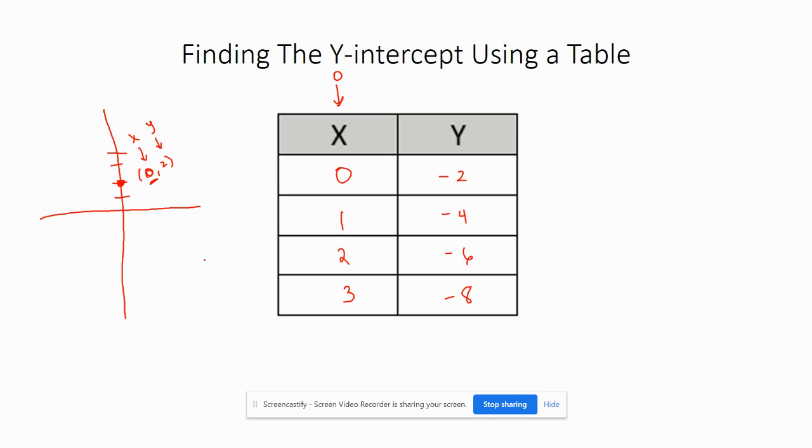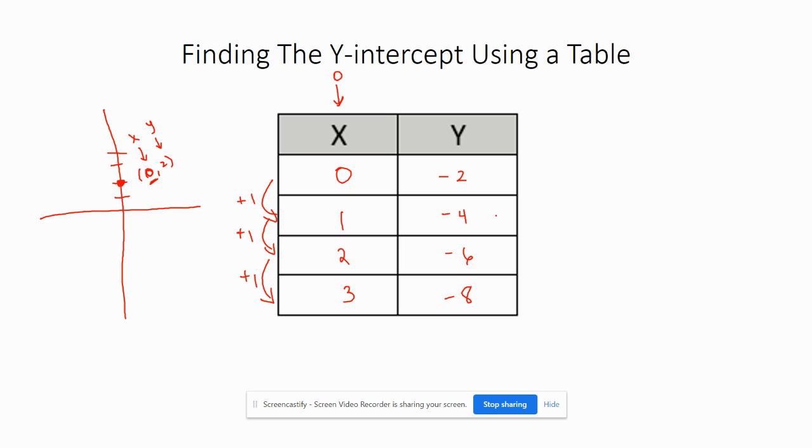This is a linear equation because each time I am counting by 1 on my x: +1, +1, +1. 0 plus 1 is 1, 1 plus 1 is 2, 2 plus 1 is 3.